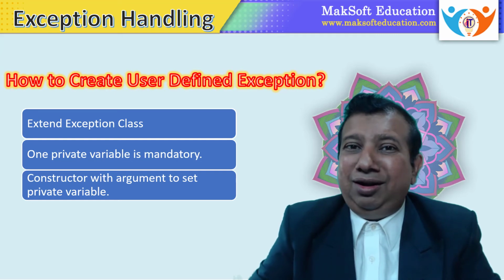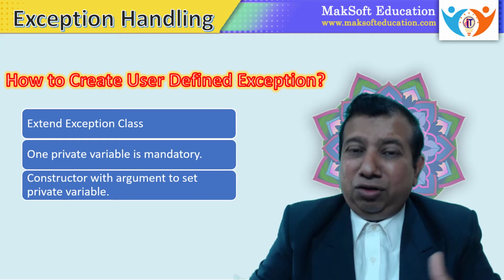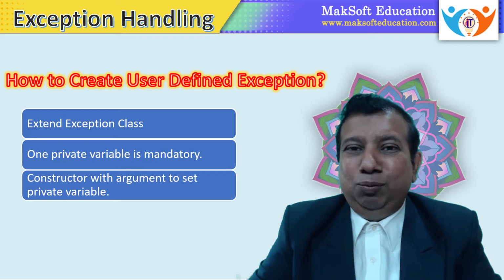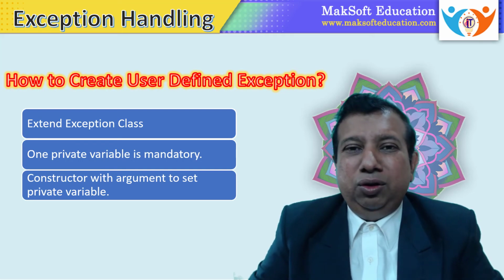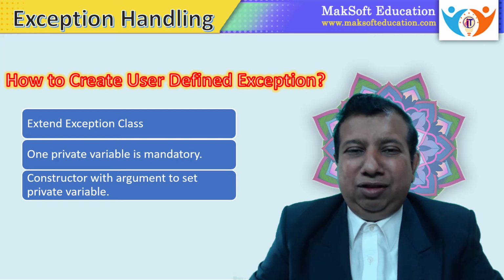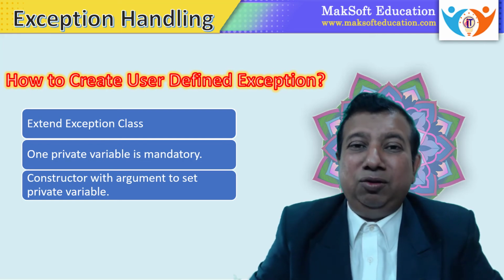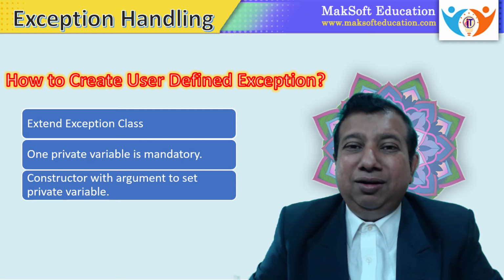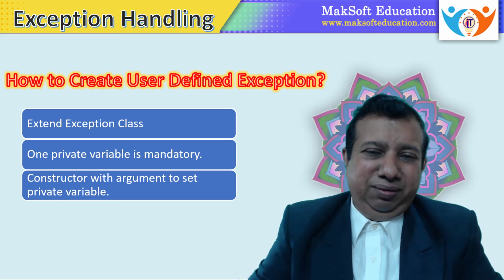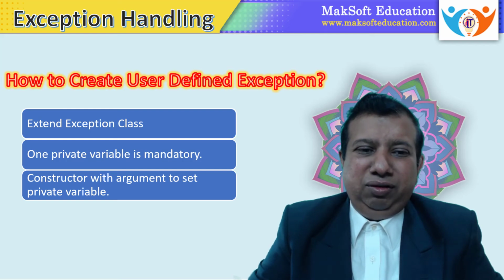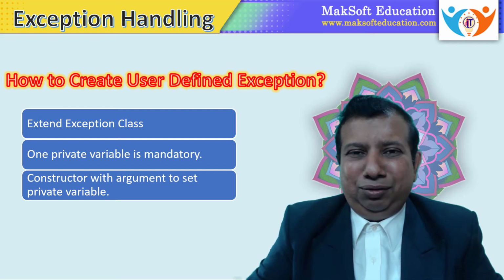So you can write a statement like this: throw, because you are throwing the exception, throw new your class name. That is, if it is MyException, then throw new MyException, and in brackets the reason why you are creating this exception. So this is how to create the exception.